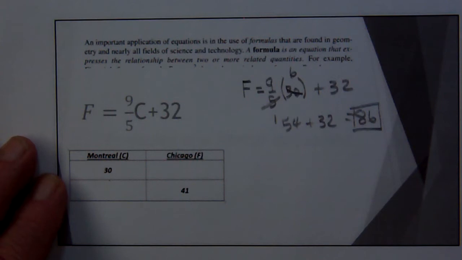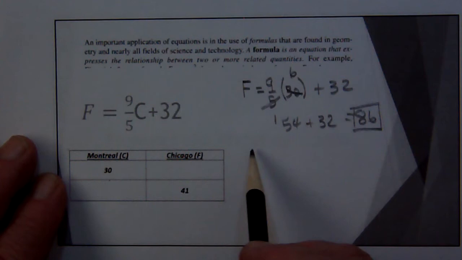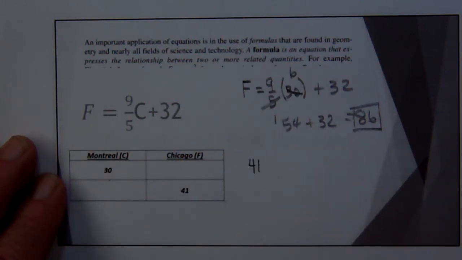Let's suppose that I woke up in Chicago and the temperature was 41 degrees. So I will substitute 41 for F, and I wondered, if my friends in Montreal were having exactly the same weather, what would the temperature there be?